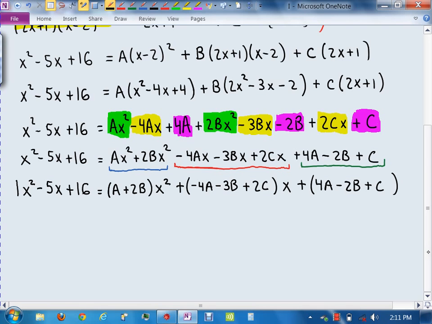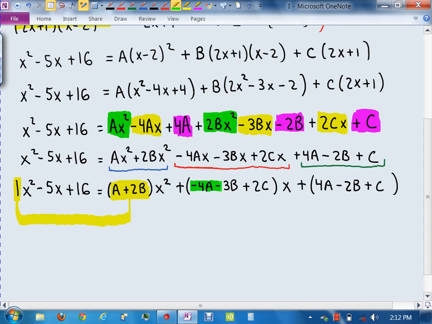So I'm going to now, from here, create 3 equations. And I'm going to draw arrows, or I'll highlight it. This a plus 2b has to match up with the 1 sitting in front of that x, doesn't it? Do you see it?